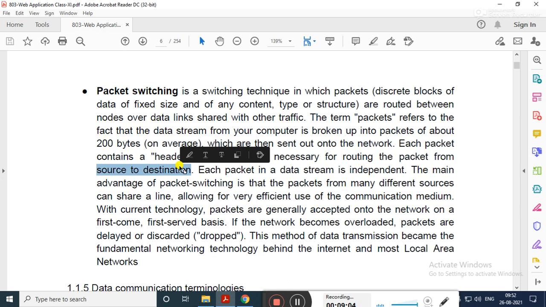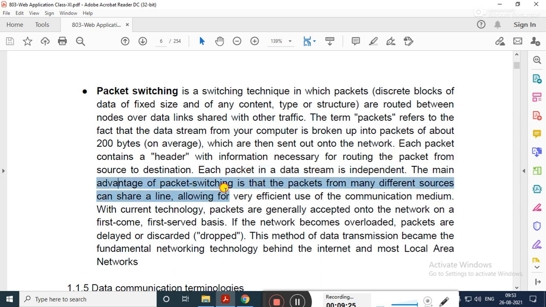That is the header. The same thing applies to the packet. In packet switching, every packet has a header, which gives information about the data inside that packet. Each packet in a data stream is independent; no packet is dependent on another.